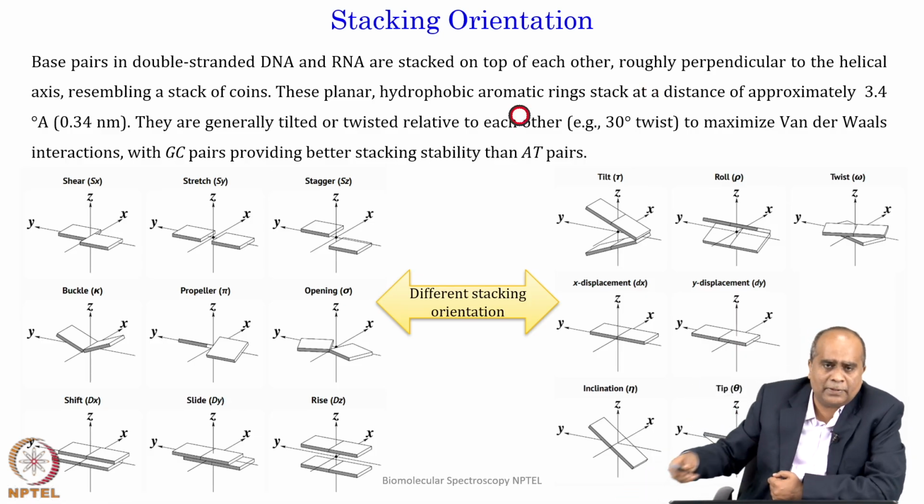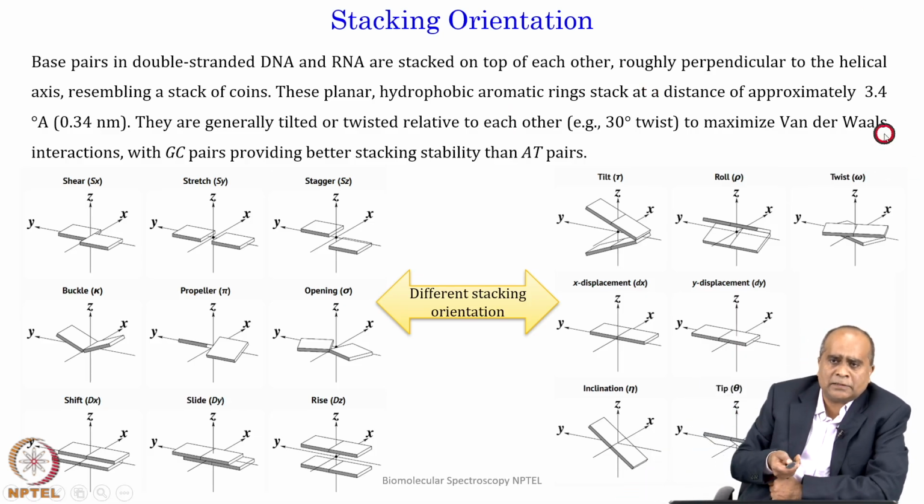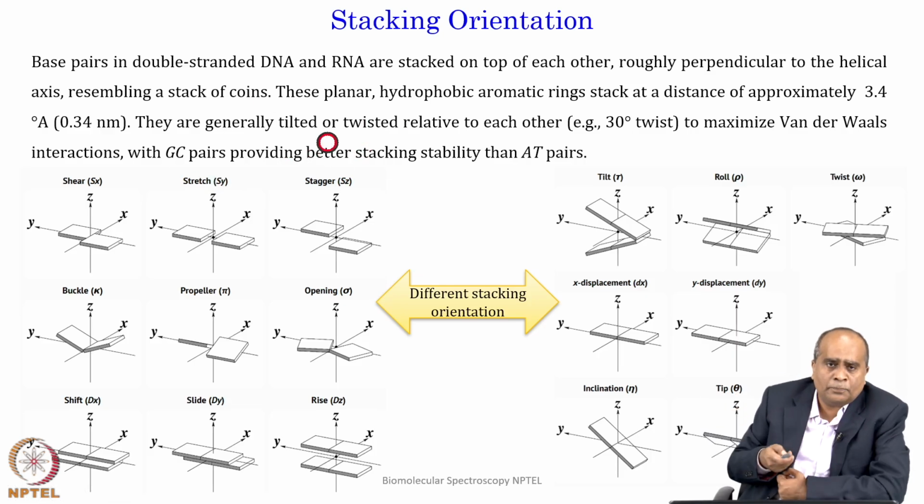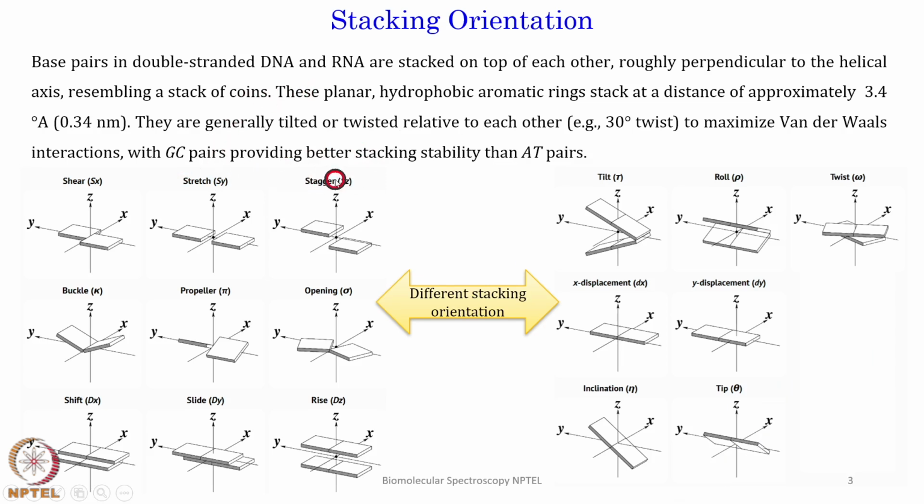Tilt can happen, and this tilt helps in adjusting. And in GC we know that 3 hydrogen bonds are formed, so base pairing interaction also gets more stability in GC compared to AT.